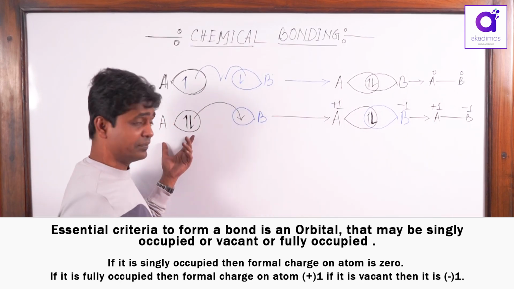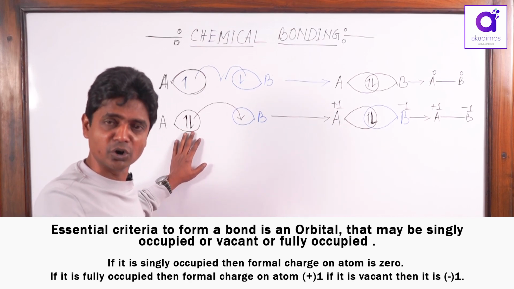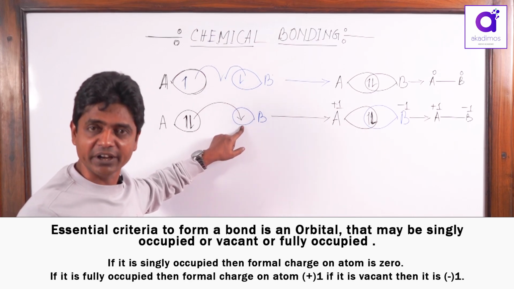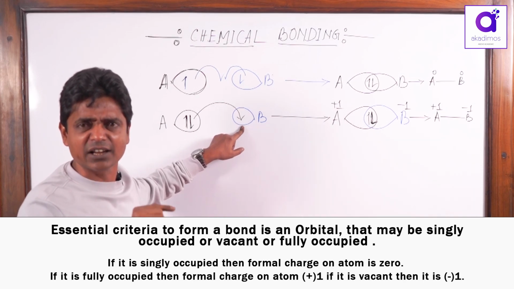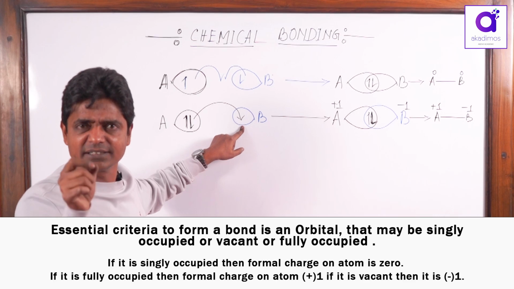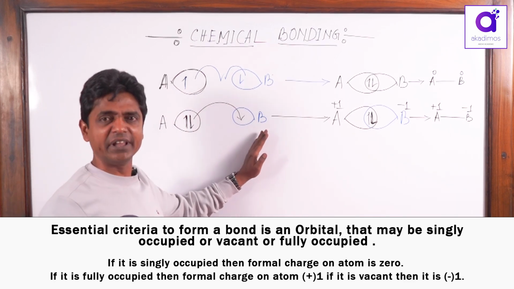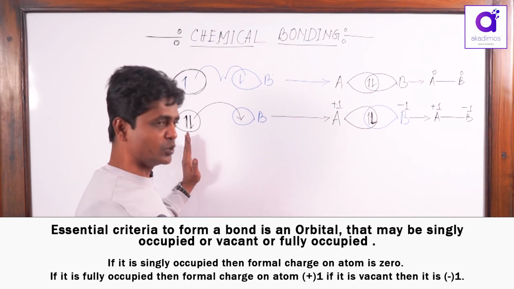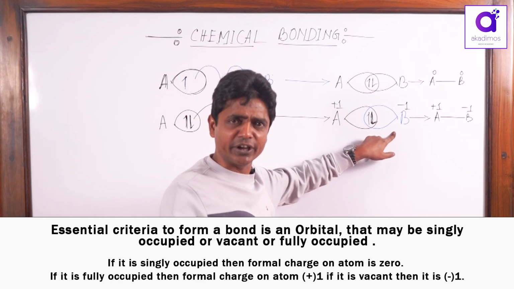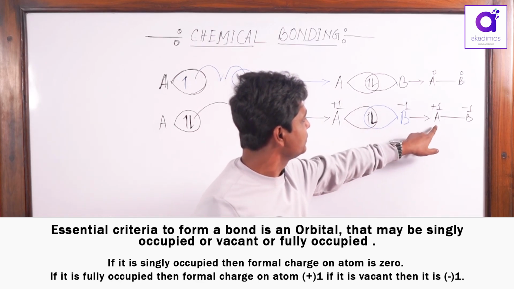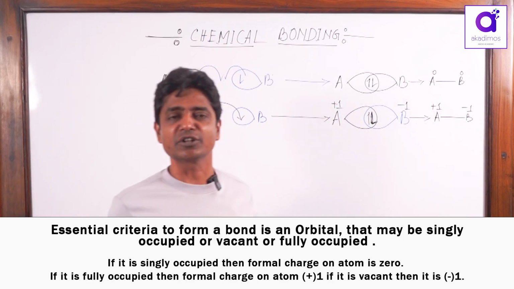Now, if an atom's orbital is fully occupied, then also it can form a bond with a vacant orbital. Normally, in the foundation course, we say it is a coordinate bond, but really it is a covalent bond. Both electrons are donated by A, and here B is the acceptor, and actually A donates one electron, and you will get there also a covalent bond, and with formal charge A donor plus 1, B acceptor minus 1.